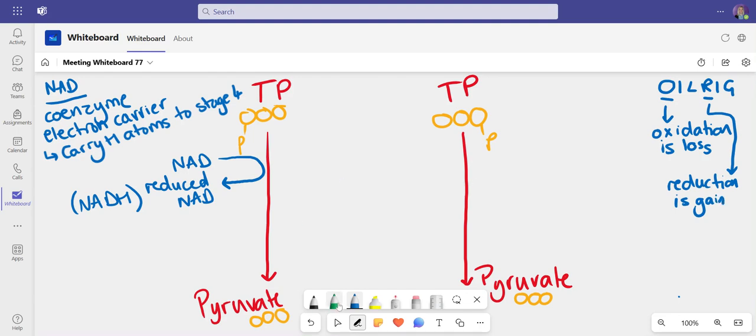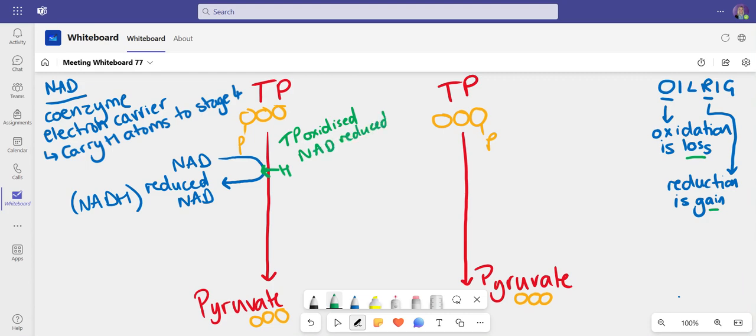So here, what's happened is that TP, in this little point where the lines kind of touch, TP has given hydrogen to NAD. Okay, so if the TP has given hydrogen away, it's lost hydrogen, so it's been oxidized. So at this point here, we could say TP has been oxidized. At exactly that same moment, NAD picks up the hydrogen and so it's gained hydrogen, so the NAD has been reduced.